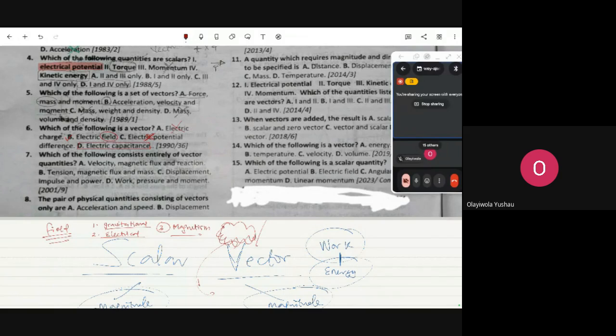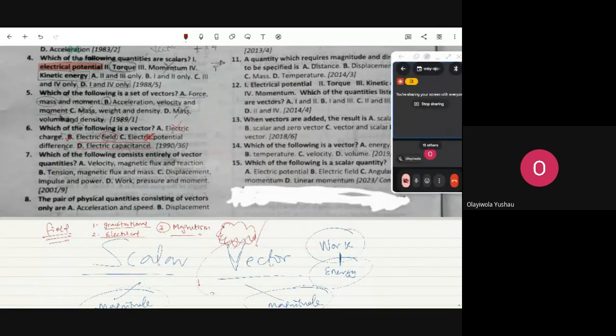If your generator starts, but light is not supplied into the house, there's no light, but the generator is actually working, and the fuse is okay, the fuse was properly connected, the wire and all of that, most likely what will be faulty is your capacitor. So the electric capacitance is the ability of a capacitor to store what?